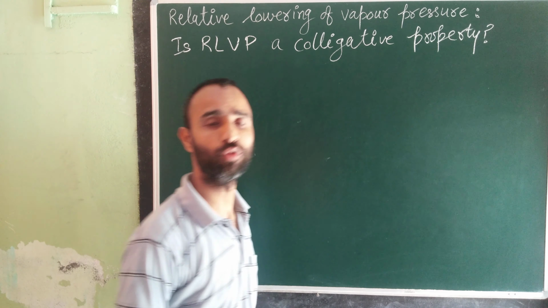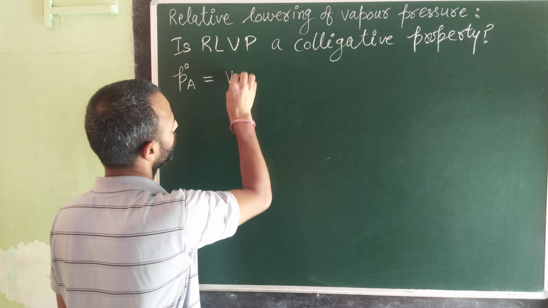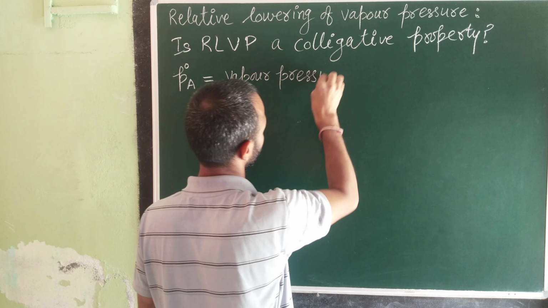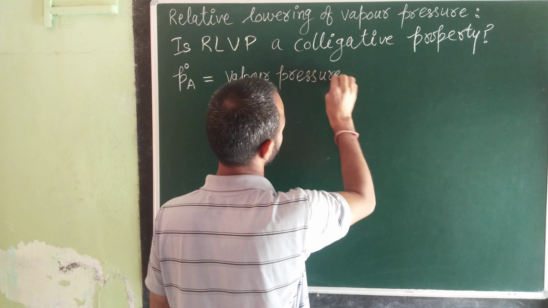Let us prove it. To prove it, let us consider P naught A is vapor pressure of pure solvent A. A is solvent and which is volatile.